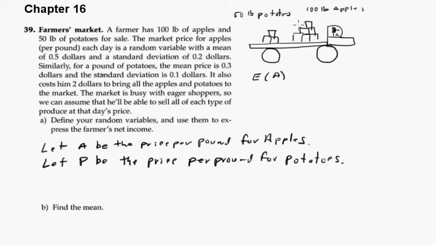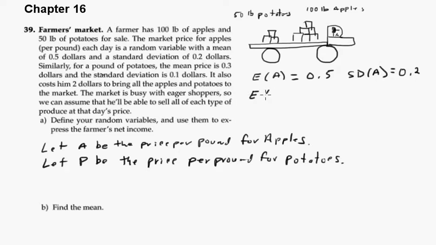Okay, so now we could say the expected value for apples is going to be $0.50, I guess. And the standard deviation for that price is 0.2, so 20 cents.